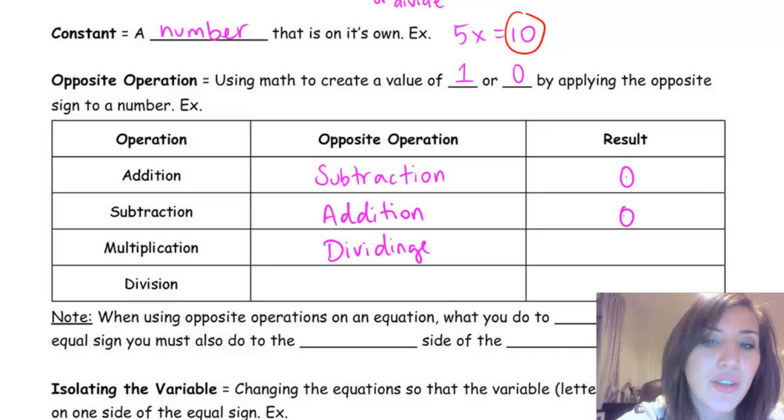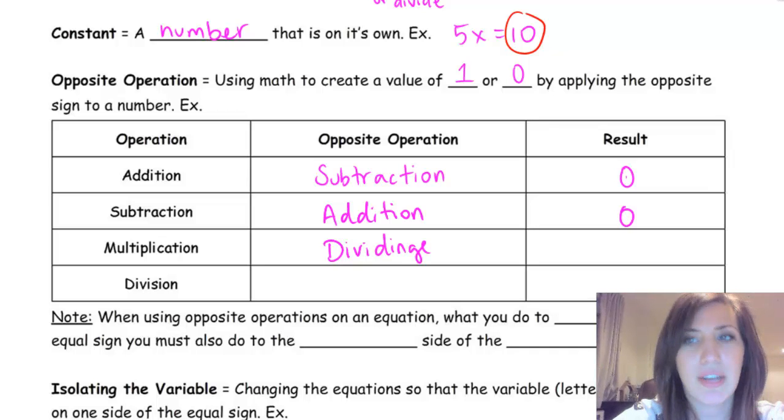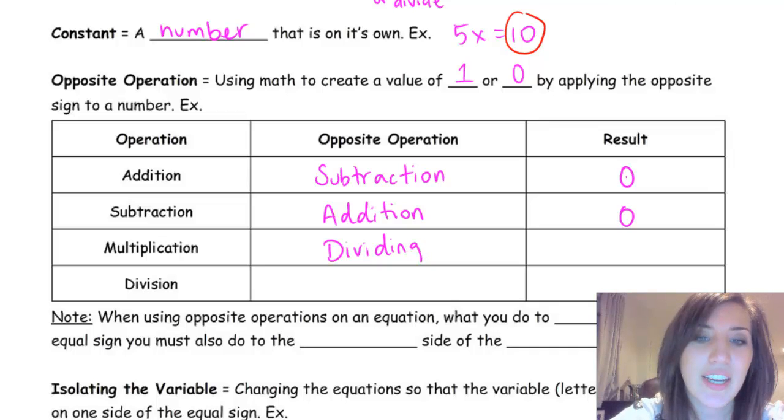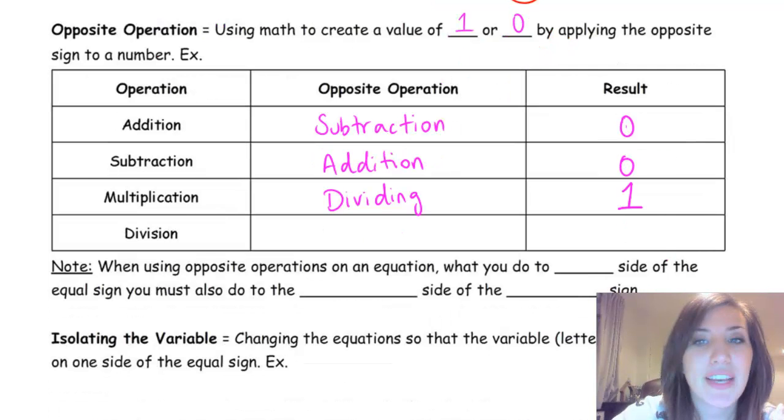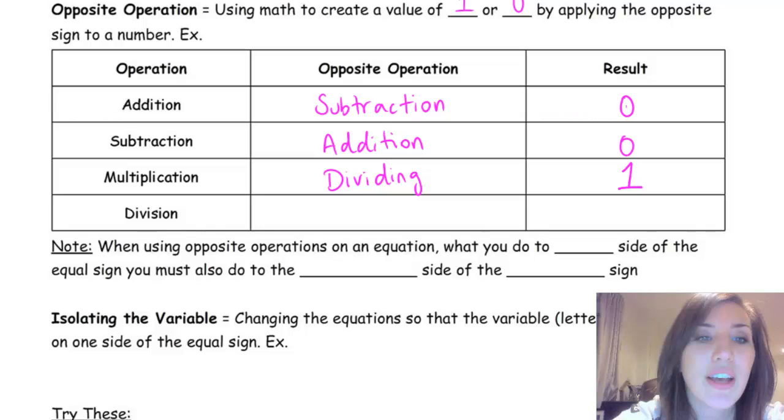And so when you use division, the result you'll get is a 1. So if you have a 5x that's multiplied, the 5 times the x, and we want to divide by 5 to get 1. Any number divided by itself is 1. And if you have division going on, then the opposite would be multiplication.